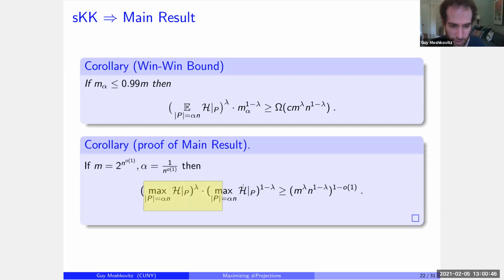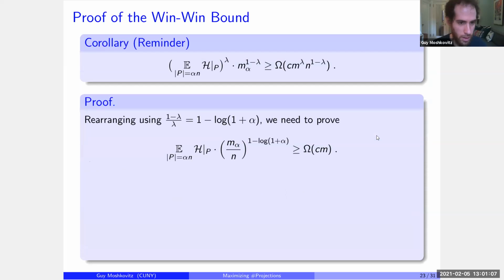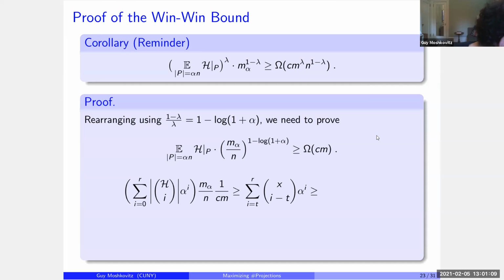Obviously on the left-hand side, we just have the maximum number of projections. And on the right-hand side, we have the bound from before, except that for our parameters, the error term C is negligible. So it contributes this 1 plus little-o of 1, or 1 minus little-o of 1, in the exponent, and we're done. I think I ran out of time.